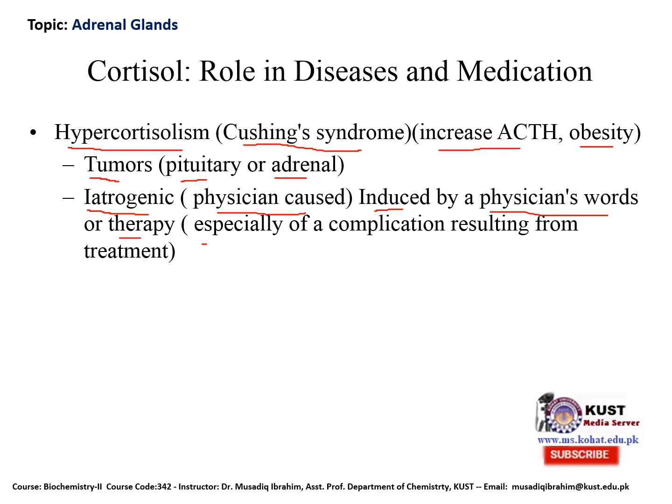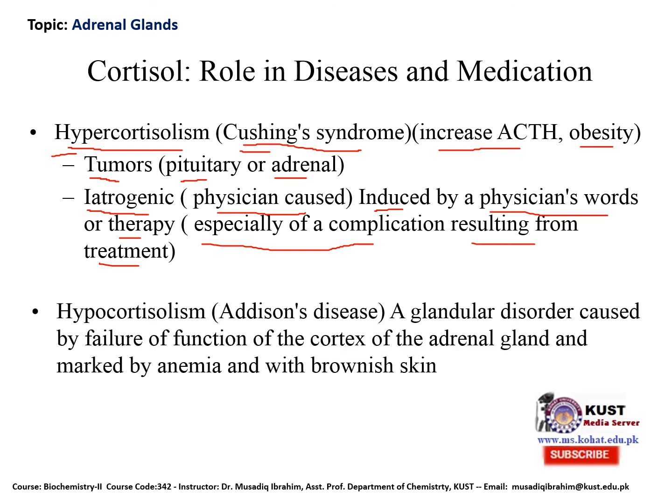So that is especially a complication resulting from treatment. When the doctor is treating a patient who is suffering from a certain disease, during that treatment either hypercortisolism takes place, or the wording used by the physician or doctor can also cause Cushing syndrome or hypercortisolism.